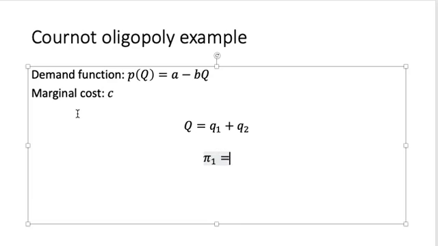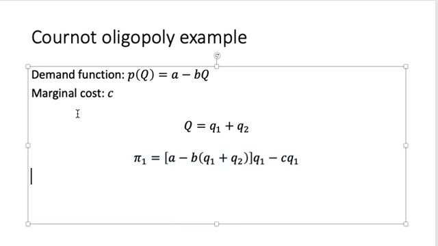Let's denote this phi i equals, this is your inverse demand function. It's pretty straightforward, just plug this back in. So it's A minus B (Q1 plus Q2) times Q1 minus C Q1.